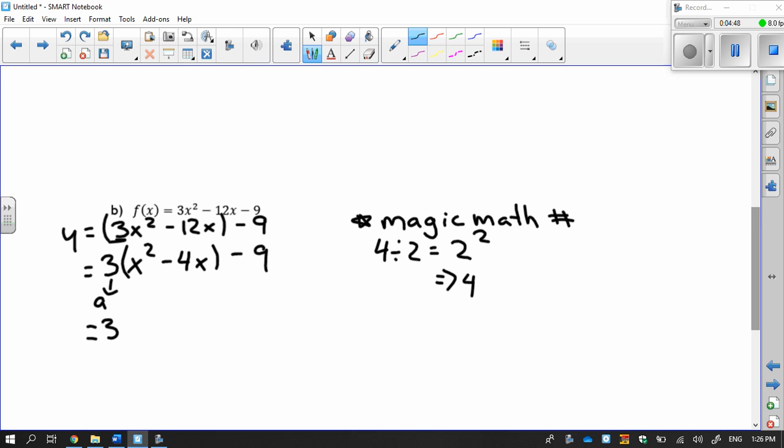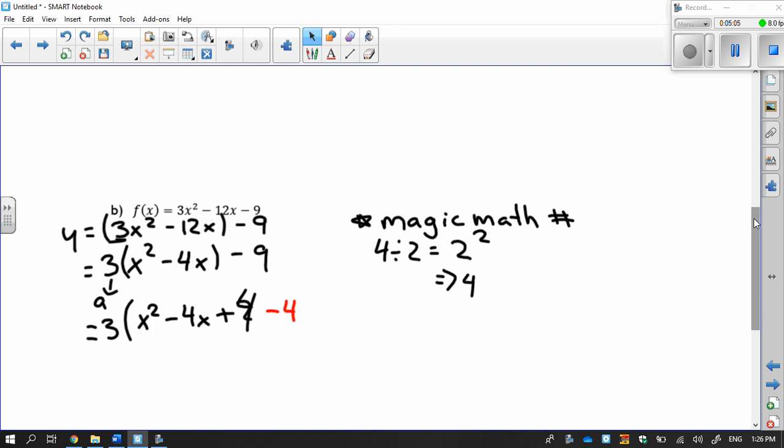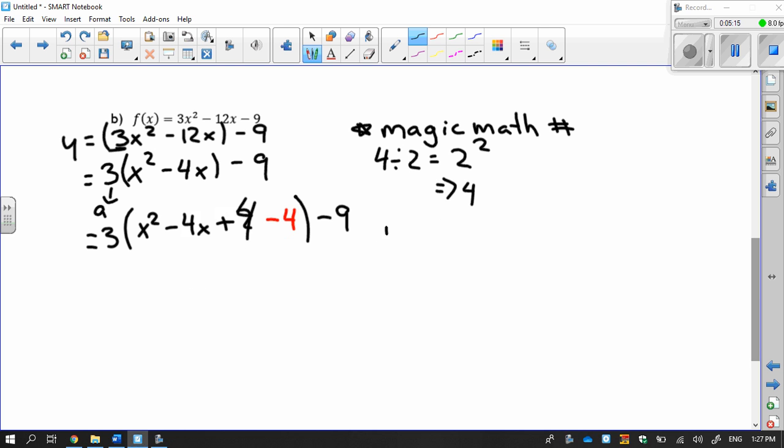So 3 bracket x squared minus 4x plus 4 minus 4, bracket, negative 9. Now, when we kick this negative 4 out on this one, we need to multiply by the a.